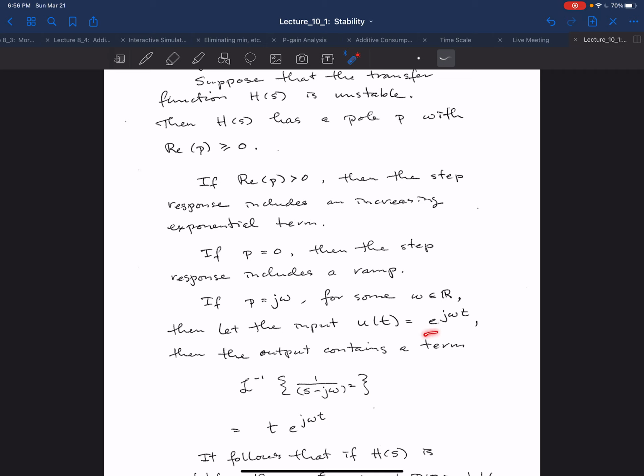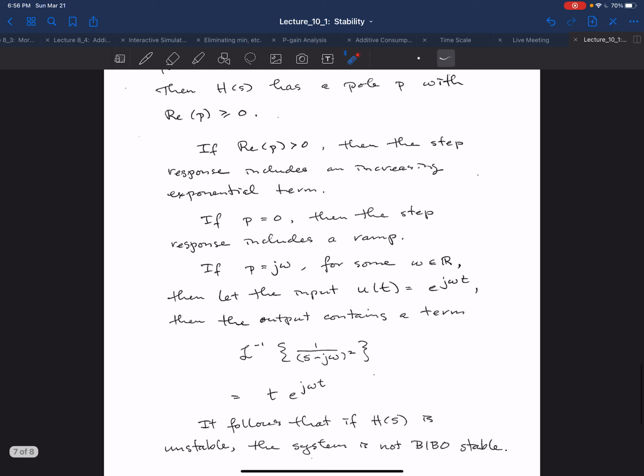So if there is a pole that gives you, in the impulse response, a sinusoidal response of constant amplitude, then if you excite the system at the corresponding frequency by feeding in the same sinusoid, you're going to get a sinusoid at that frequency that's multiplied by t. So its amplitude grows without bound.